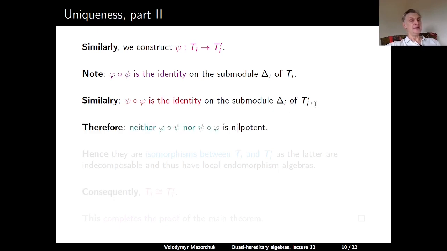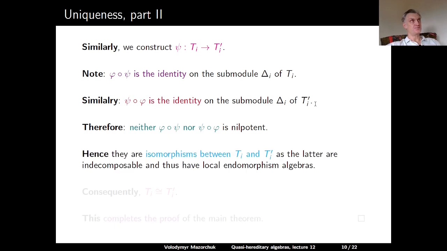In particular, neither phi after psi nor psi after phi is nilpotent. But since Ti and Ti prime are indecomposable modules, the endomorphism algebras are local. And if you have a non-nilpotent element of a local algebra, this element is an isomorphism.